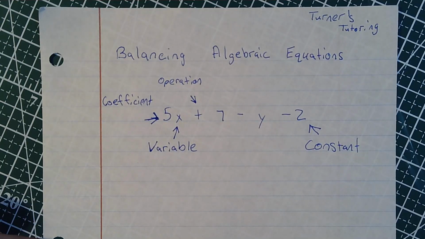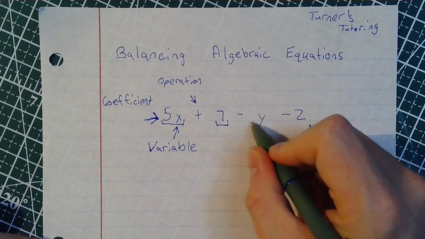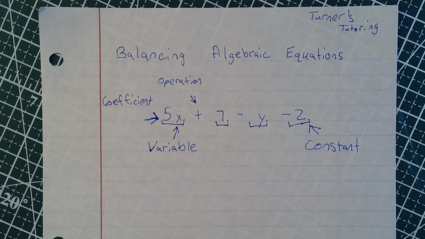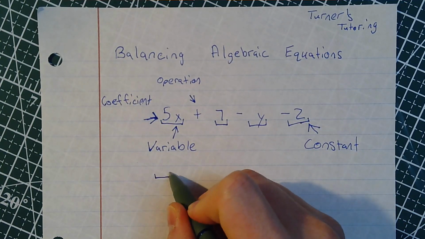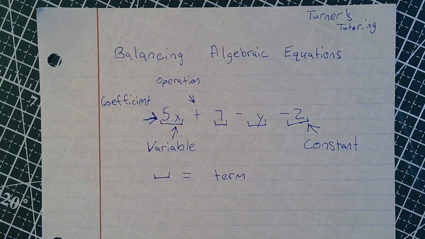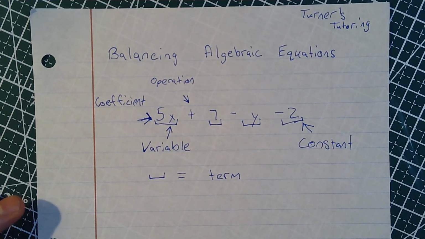Now, looking at each specific part within it, these brackets represent terms. So each one of these equals a term. When we are balancing algebraic equations, we're trying to combine terms together to make sure that it is simplified and or that both sides of the equation are true.